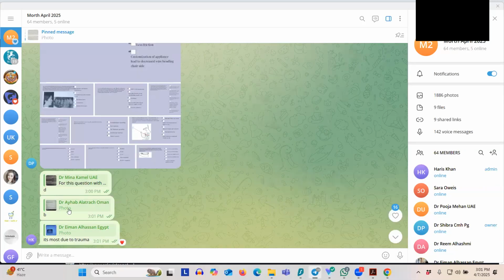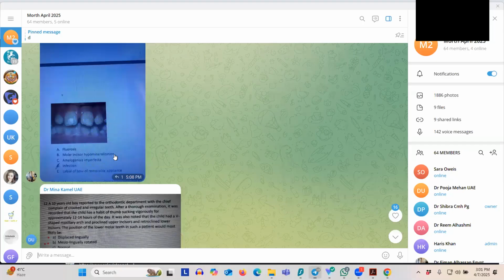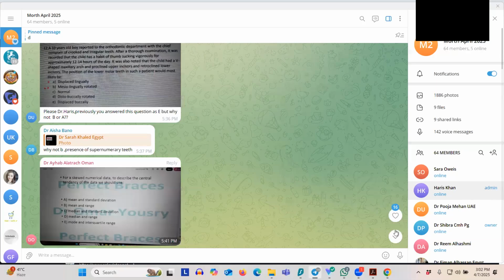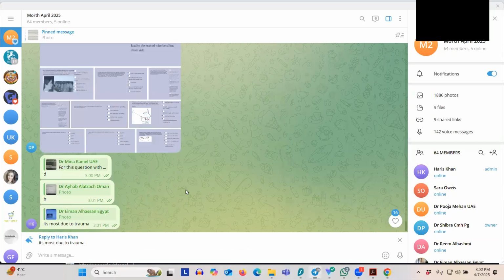A childhood infection, like in calcification there is an issue. So, doctor, the answer is D, infection due to trauma. Yeah, it might be due to an infection, usually due to trauma to the deciduous teeth.